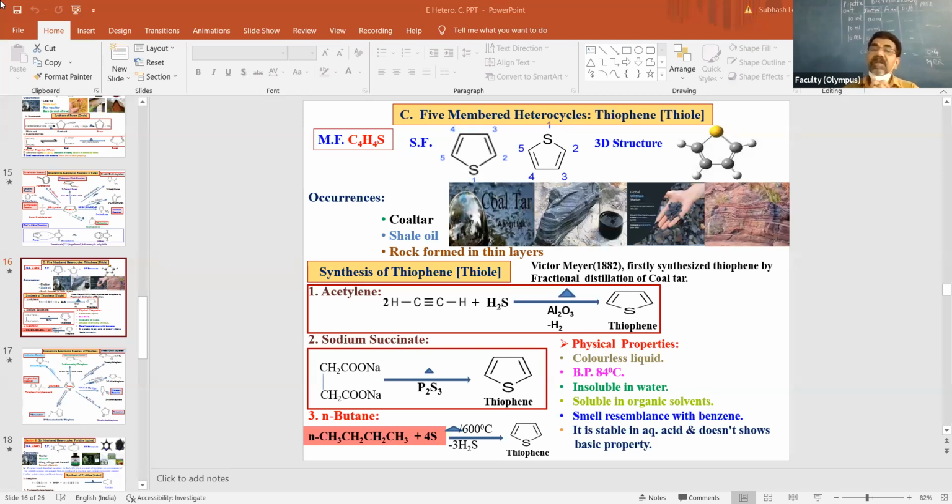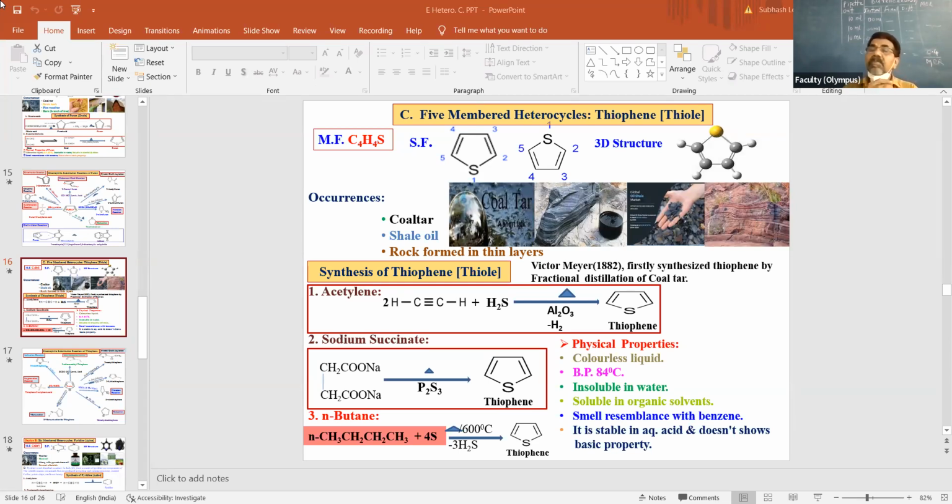That colorless liquid is nothing but thiophene. Then the other method is from succinamide, meaning thiophene can also be prepared from succinamide. Succinamide, that is CH2COONa, CH2COONa, in the presence of phosphorus trisulfide, P2S3, with hot distillation, you can obtain thiophene.